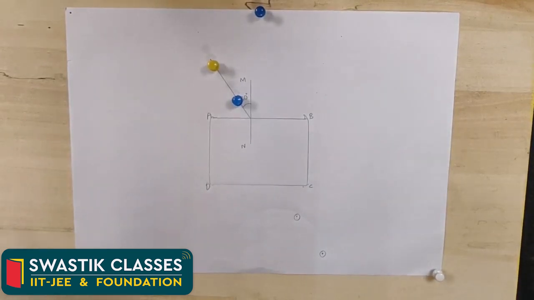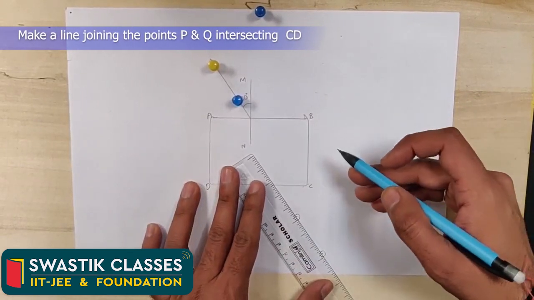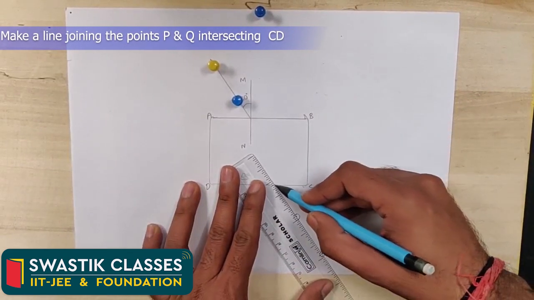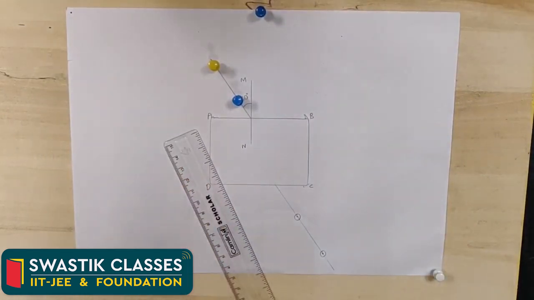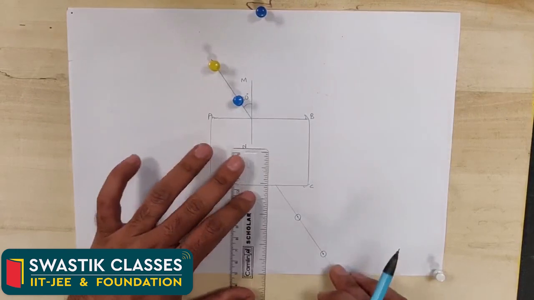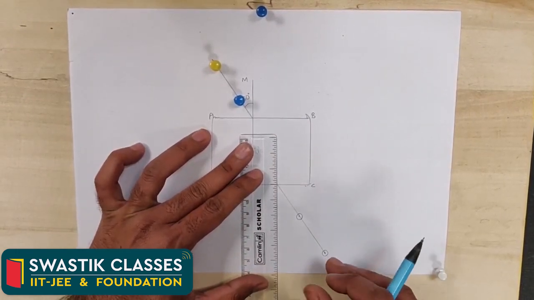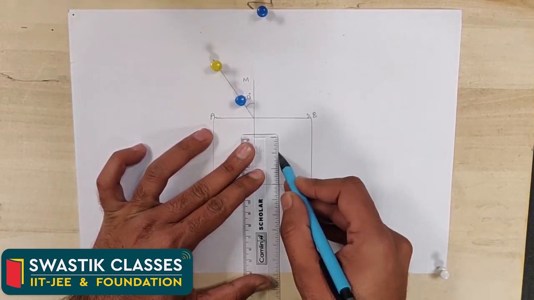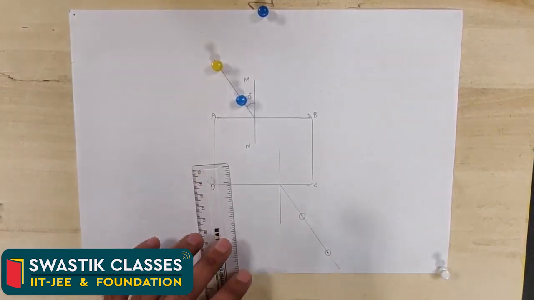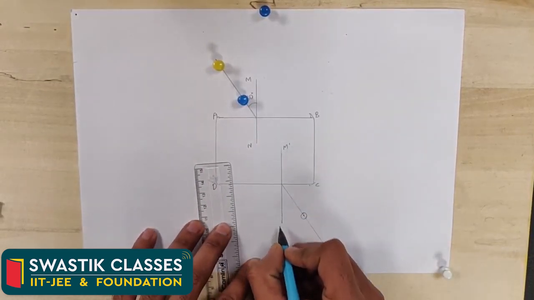Now taking these two points, we'll make a straight line touching the line CD. So this is the straight line. Then we'll make a normal here. This will be our normal and we'll name it M dash N dash.